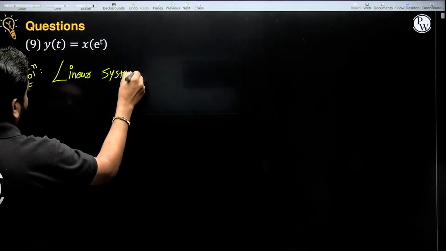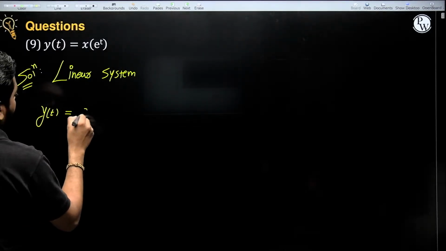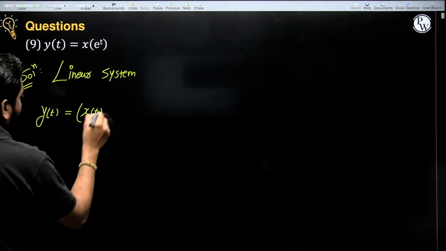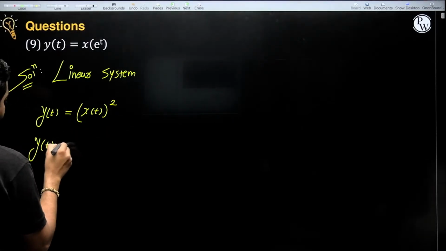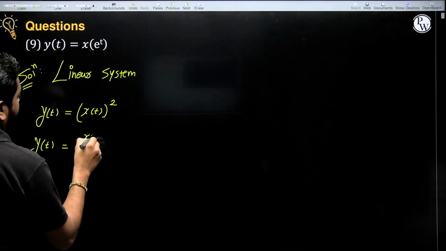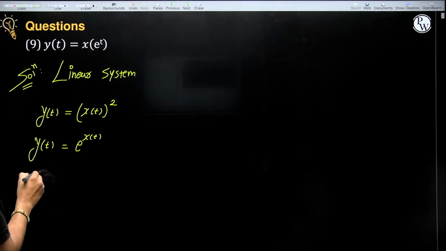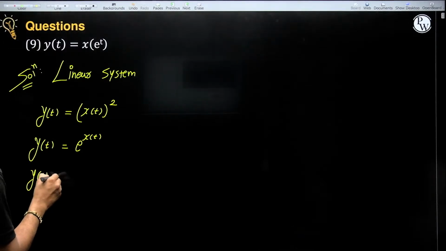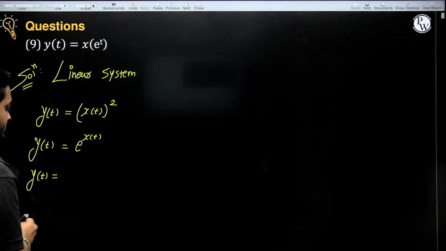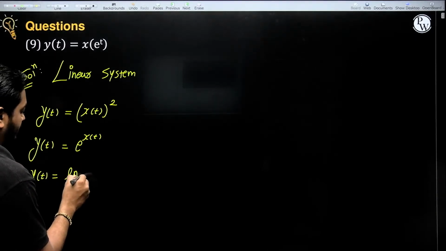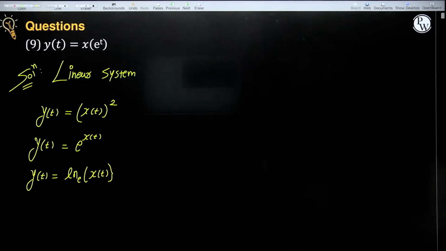No operation performed on amplitude means, see, y of t is equal to x of t square. So here squaring of amplitude, that's why non-linear. Y of t is equal to e to the power x of t. So here e to the power amplitude of x of t, that's non-linear. Similarly, if amplitude goes through an exponential function, like ln of x of t or log x of t, it's also non-linear.